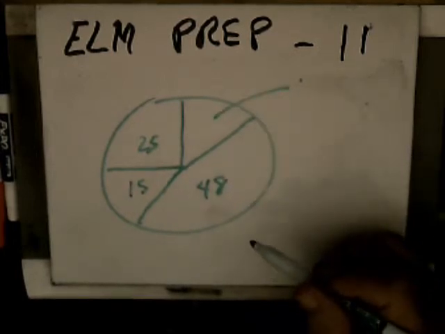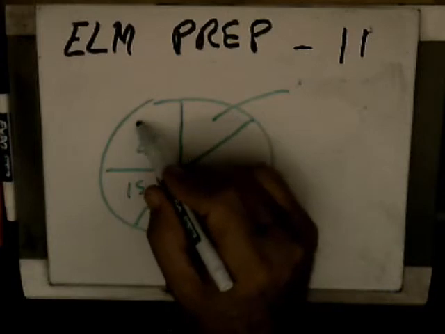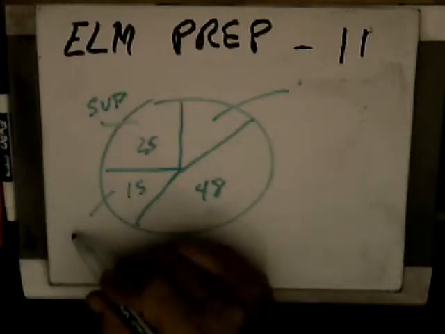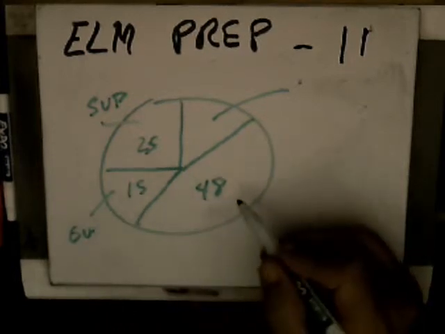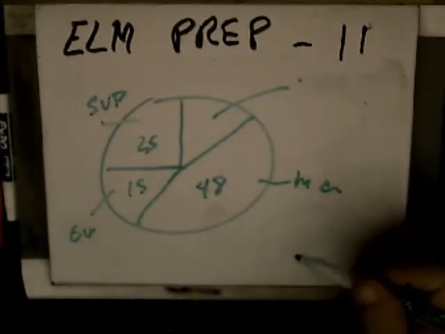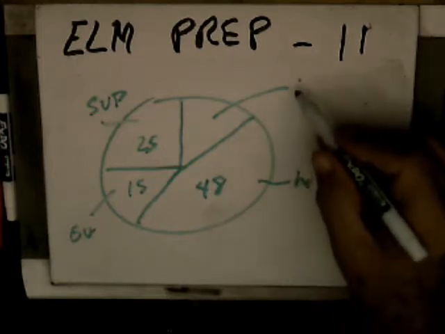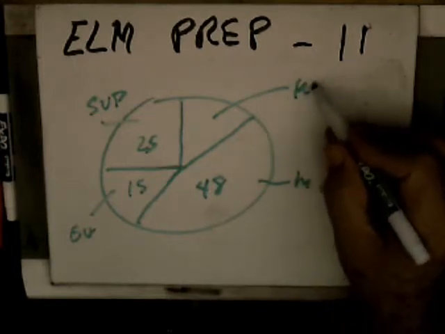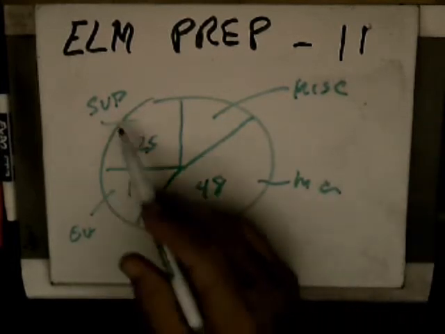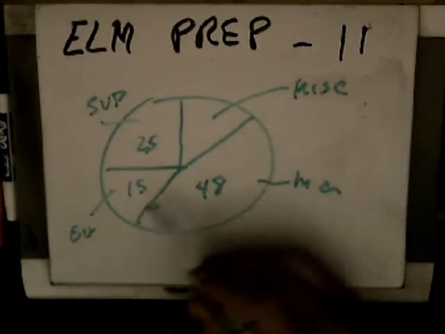And then they might label this as supplies and overhead and maintenance and something like that, and I'll just say miscellaneous. They might ask you what the combination of overhead, supplies, and miscellaneous are.